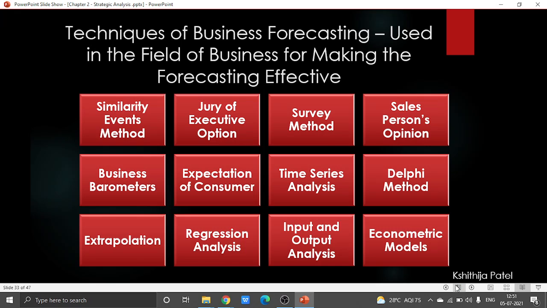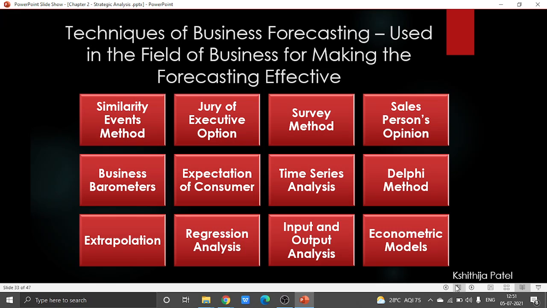The similarity events method is called the historical analogy method. What we do here is we have the past events, and on the basis of that we shall predict the future.